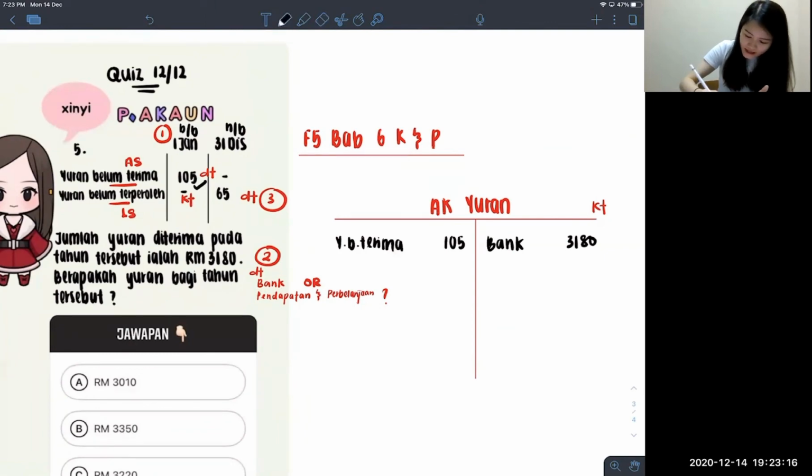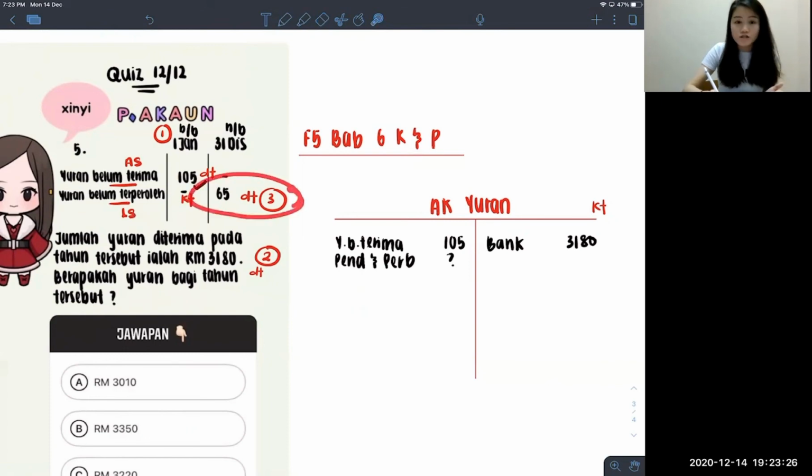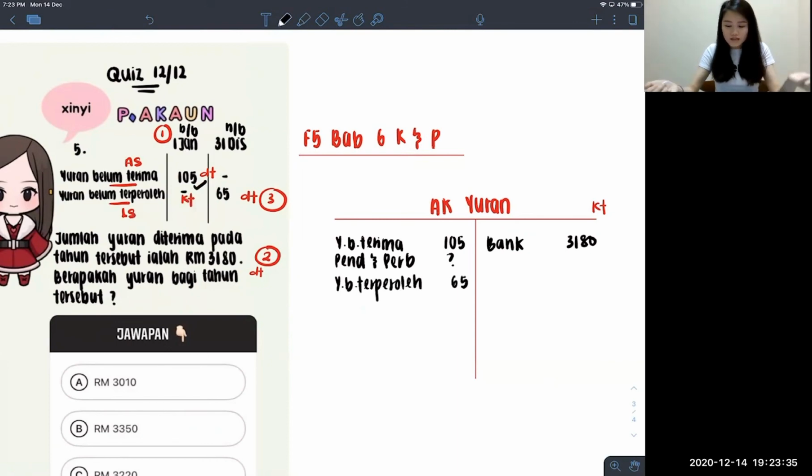So on the debit side, you write pendapatan dan perbelanjaan. It's a question mark, you leave it as a question mark, and then only you proceed to move your Baki HB in, which is yuran belum terperoleh, worth 65 ringgit. Go and find how much the sebenar is supposed to be. Now, I received 3180.